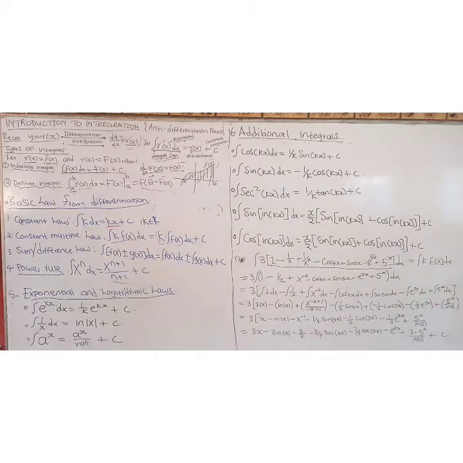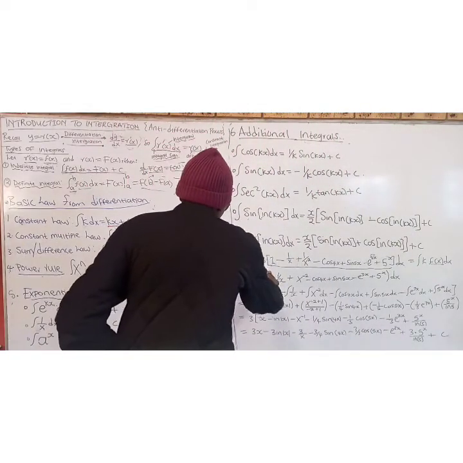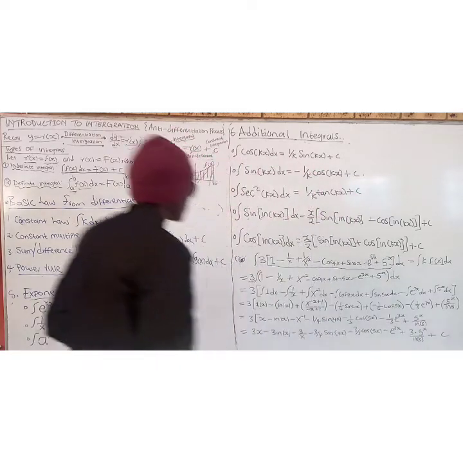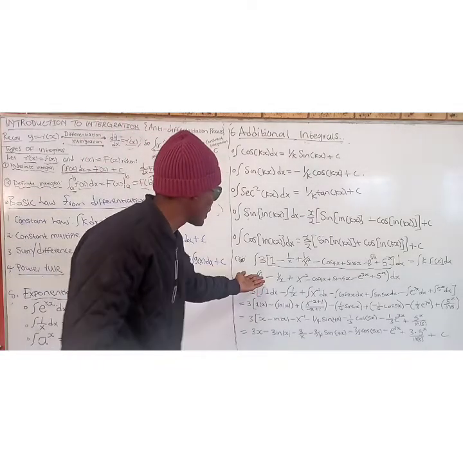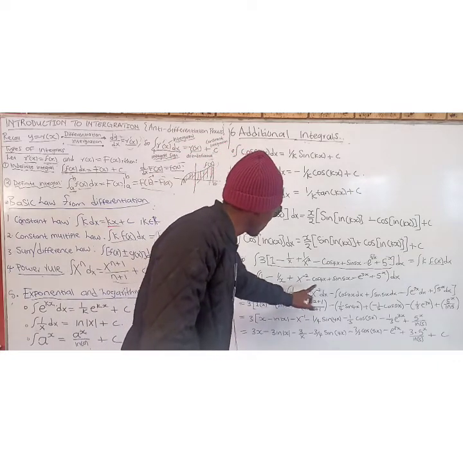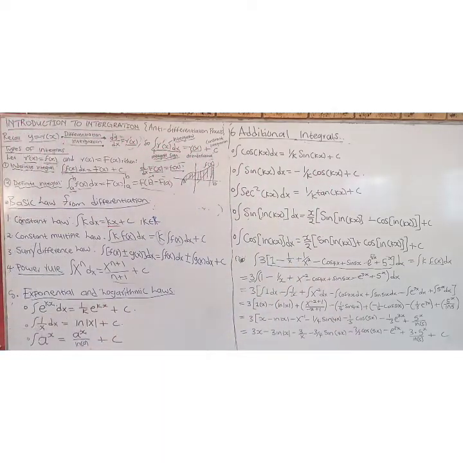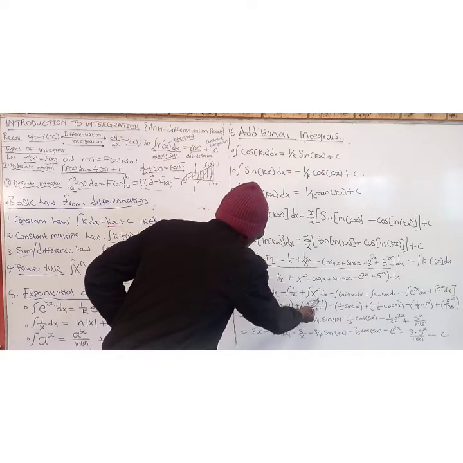By the constant multiple law, we can take the 3 out and integrate this part. There are seven terms in this function, so I can split it using the law of sum and difference, and each term has its own integral.